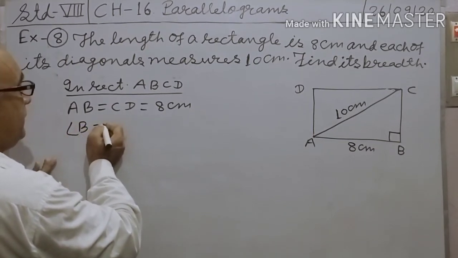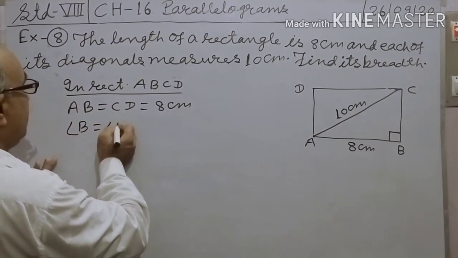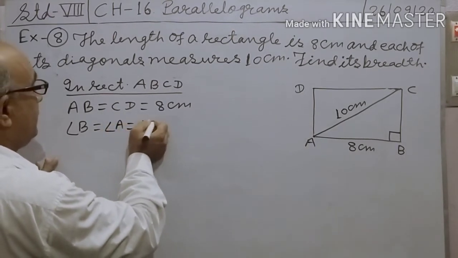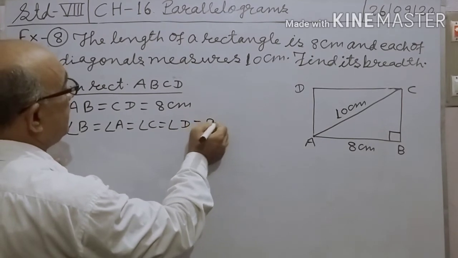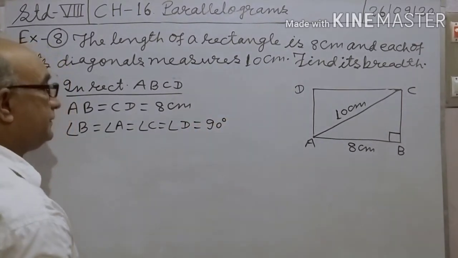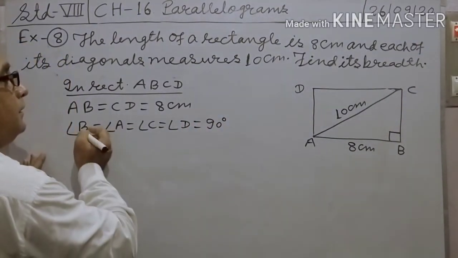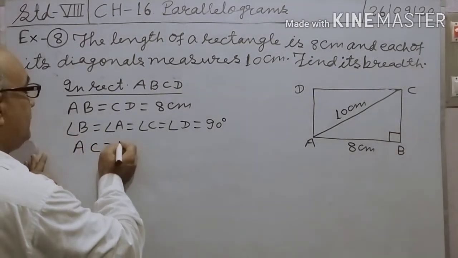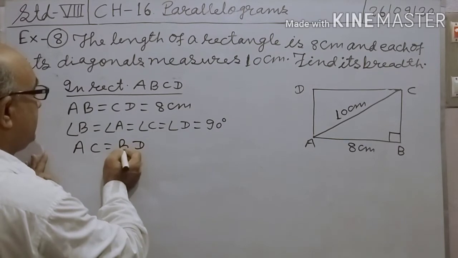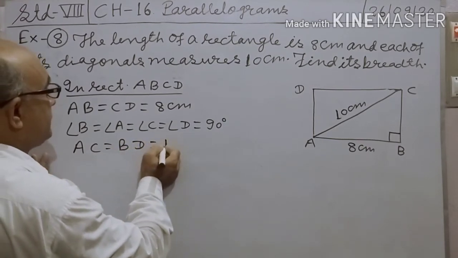Angle B equal to angle A equal to angle C equal to angle D equal to 90 degree. Each angle is a right angle. Diagonal AC equal to BD equal to 10 cm.